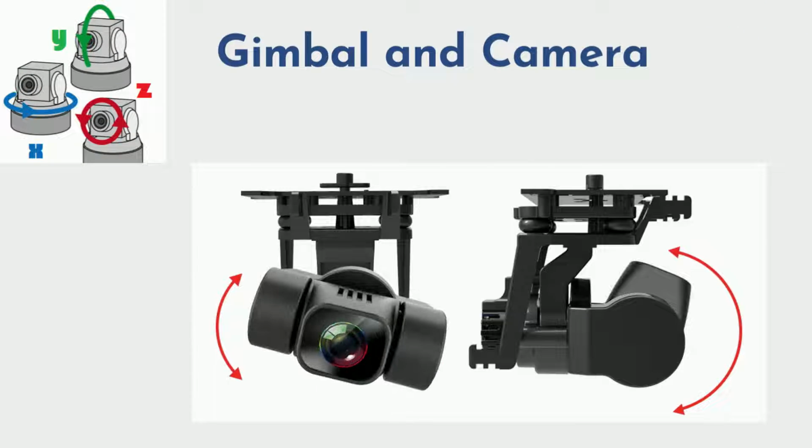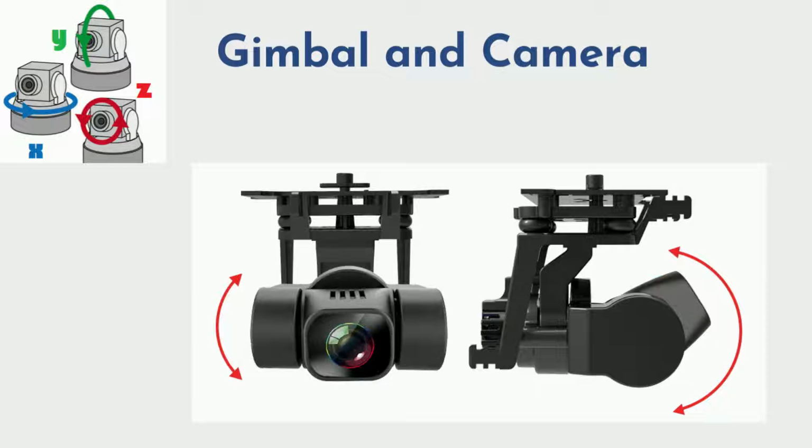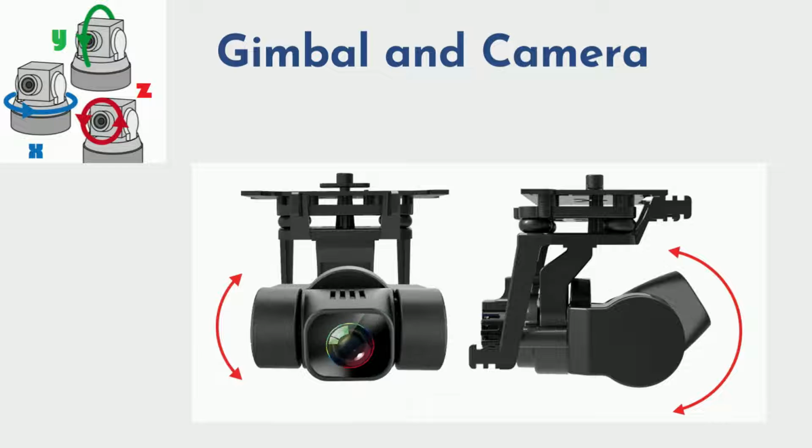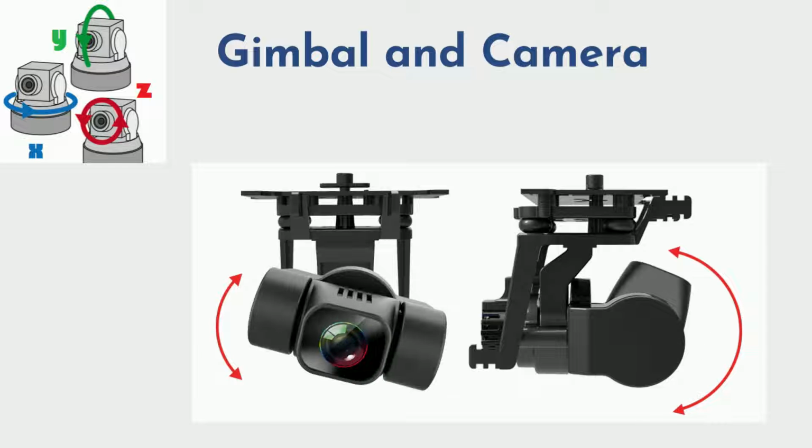The gimbal is the part on which the camera or other sensors are mounted. It creates stabilization on the X, Y, and Z axes, allowing the camera to take pictures, record video, or stream in real time.